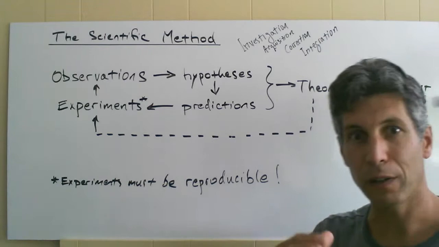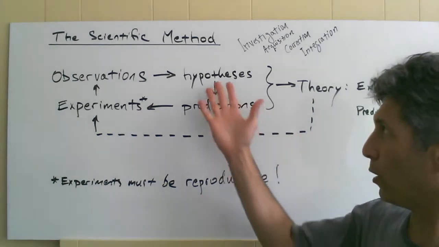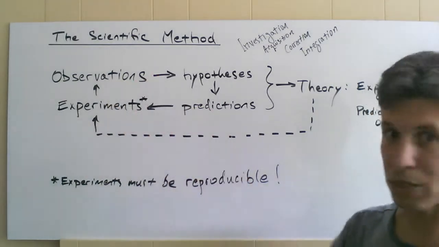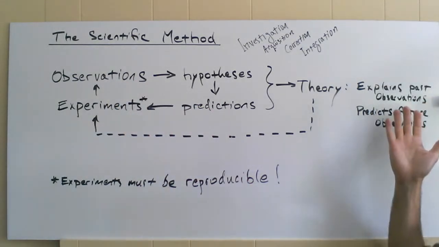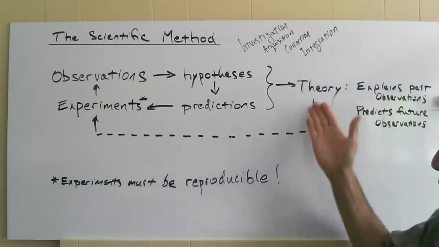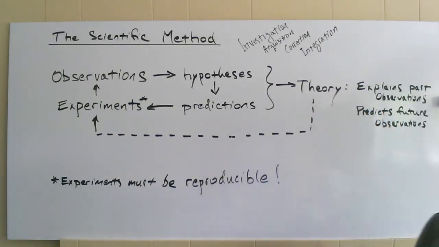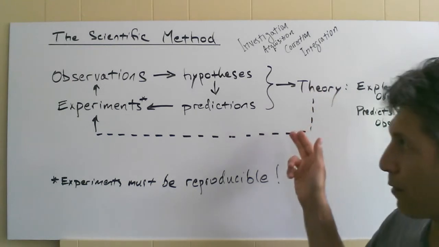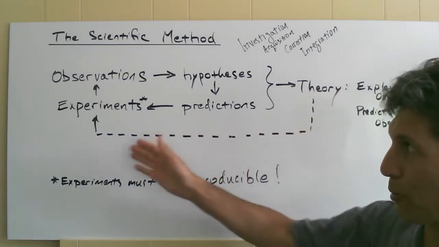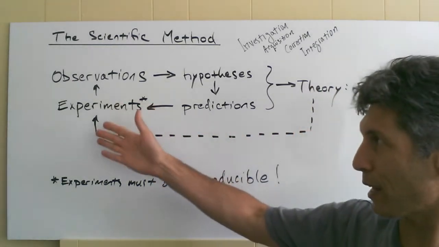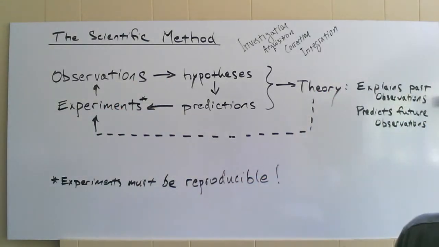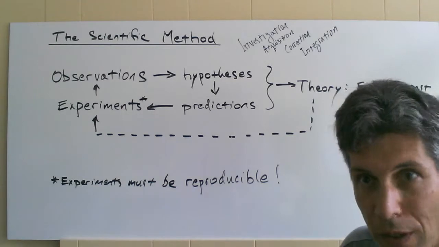The theory includes all of the hypotheses, predictions, experiments, and observations. It explains everything that's been observed. The theory also predicts new observations which can be tested, and if those new experiments are tested and agree with the predictions of the theory, then the theory is confirmed.